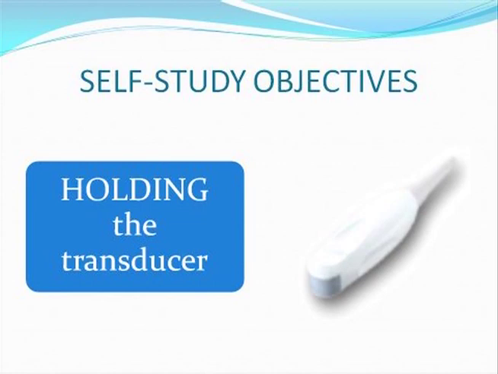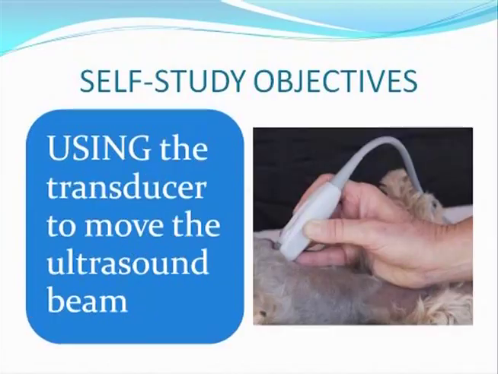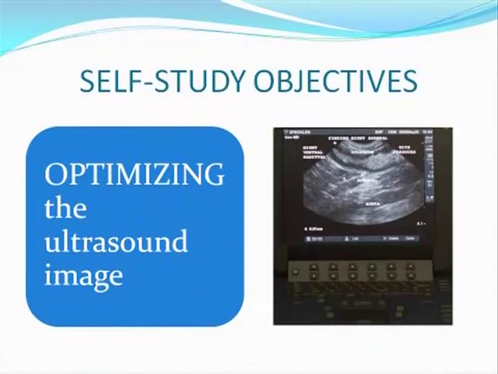Objectives of this training. The student will be able to demonstrate the following. A. How to hold the transducer. B. How to use the transducer to move the ultrasound beam. C. How to optimize the ultrasound image.